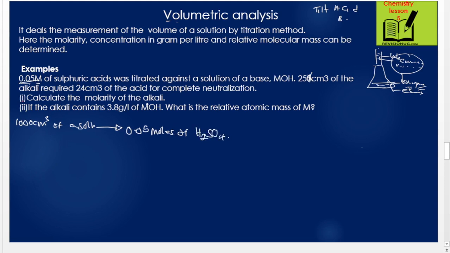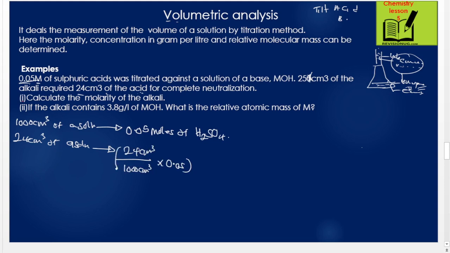Then they are telling us that 24 cubic centimeters of the acid was required to neutralize the base. Therefore, the 24 cubic centimeters of the solution produce how many moles? That is 24 cubic centimeters over 100 cubic centimeters times 0.05 moles.